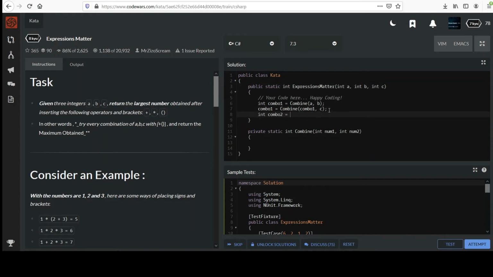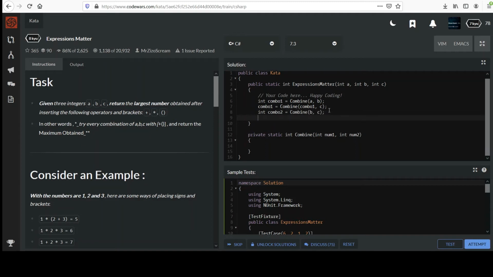So combo 2 is combine B and C, and then you take that result, update it. Combo 2 is equal to combine A with combo 2. And so if you want the max result, just return whatever's bigger out of combo 1 and combo 2.